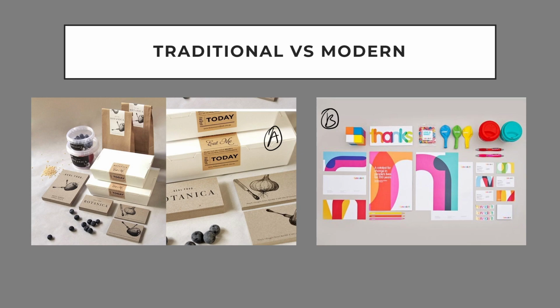Correct. Based on their modern style, they'll be more experimental. Good. So can you find the specific design element or design principle that makes B look very modern? Colors. Okay, what kind of colors? Are they muted colors, pastel colors? No, not really pastel.